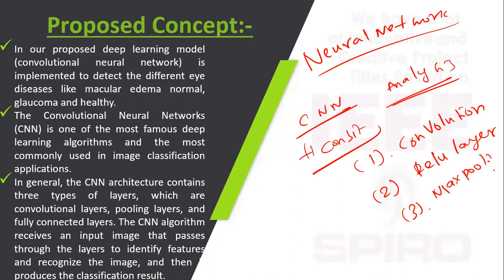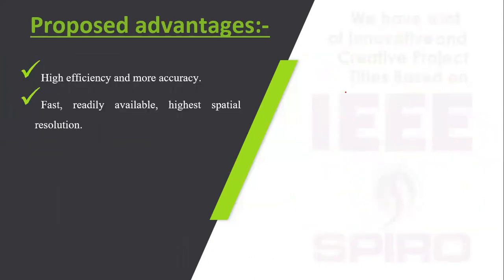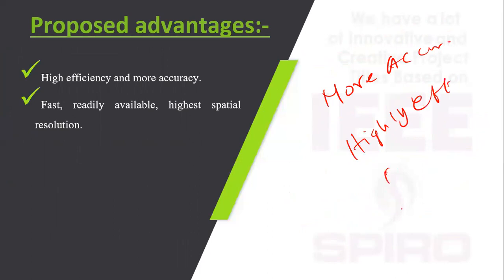With the help of these layers, we detect the features from the image. With the features, we detect which kind of disease will affect the fundus. The first advantage is more accuracy and a highly efficient model, a fast and reliable system.